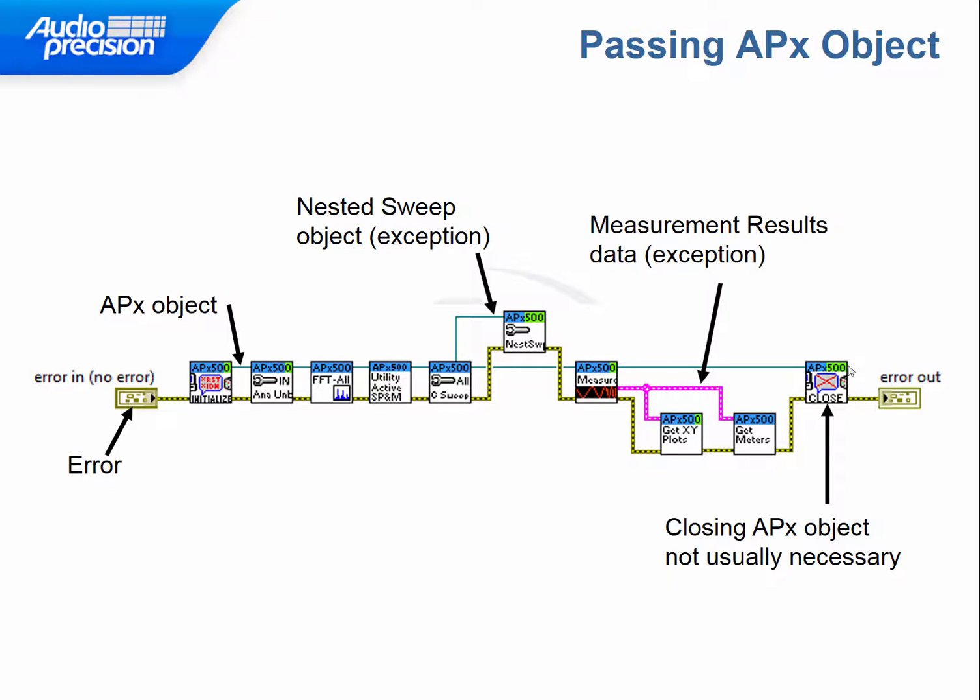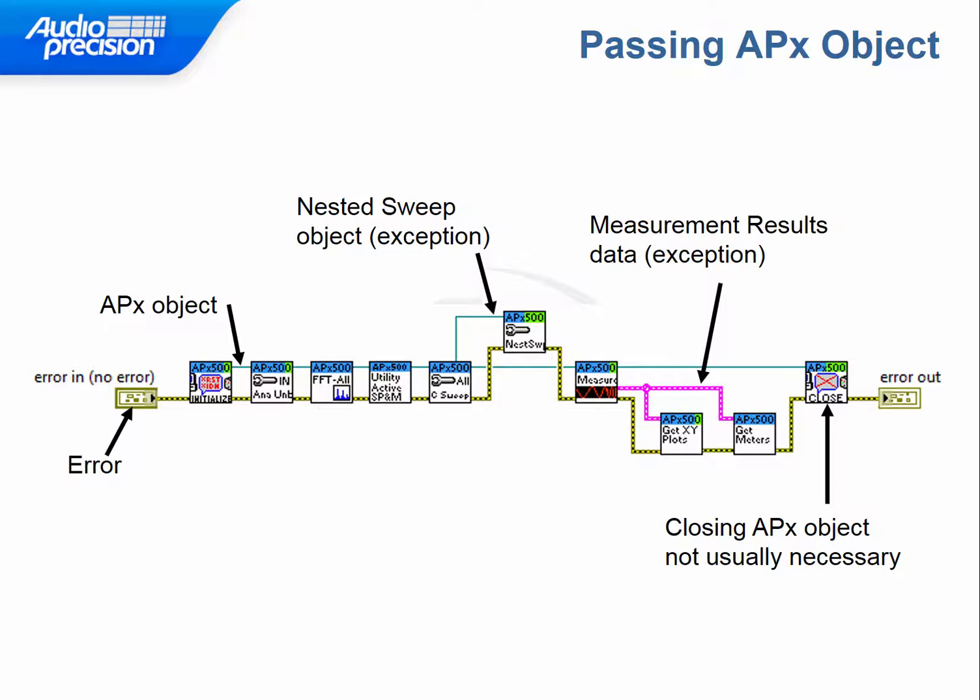You can also call this close VI when necessary, and we typically don't call it because the way it's configured is it actually closes the APx500 software completely. And for those of you who've used APx before, you've probably noticed that the first time you load the software, it takes quite a while to load.